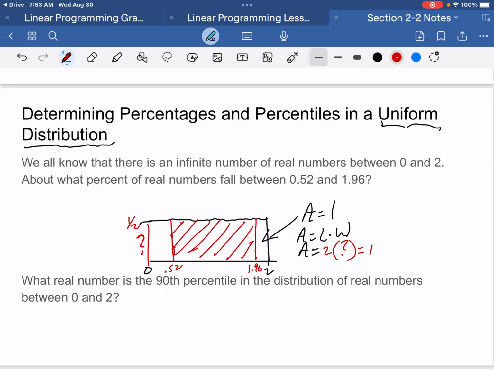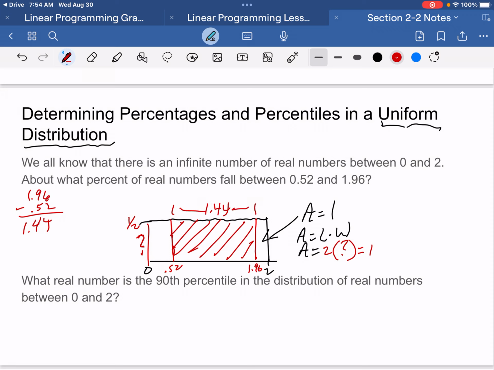Well, isn't it true that that's just finding the area of that red rectangle? Well, if I come over here and take 1.96 minus 0.52, that would be 1.44.